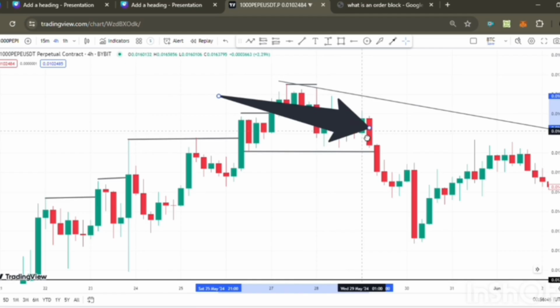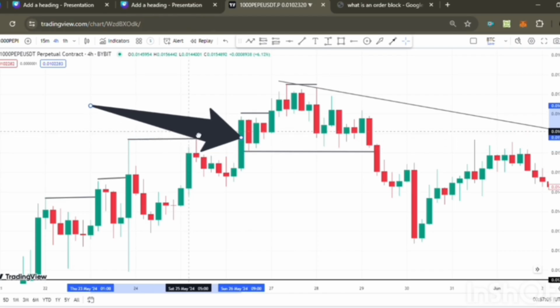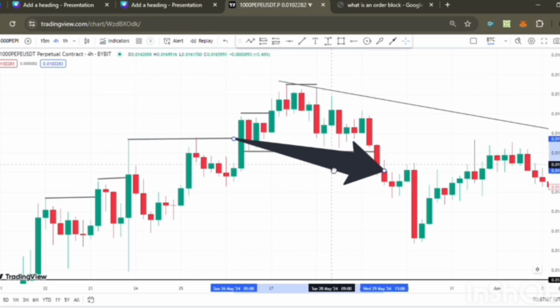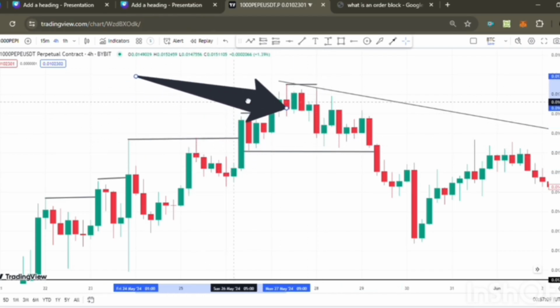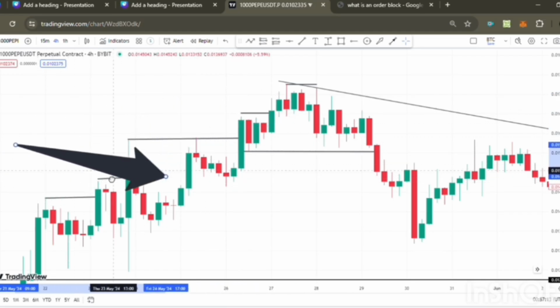Remember, change of character means that point, that zone where the market starts making a reversal, to either the upside or the downside. But in this case, the market is making a major reversal to the downside, indicating the end of the bullish trend.